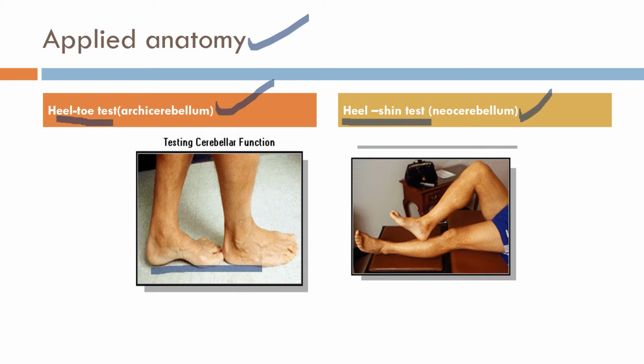Like this we have many tests for cerebellar dysfunction. We start with this clinical test so that you will have the interest to know what the archicerebellum and neocerebellum are. If you watch continuously in this lecture, you will understand the function of the archicerebellum and neocerebellum.